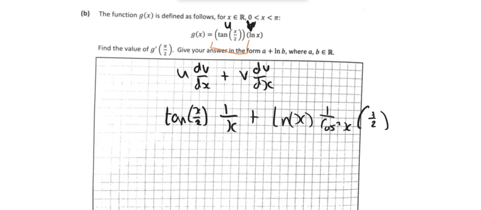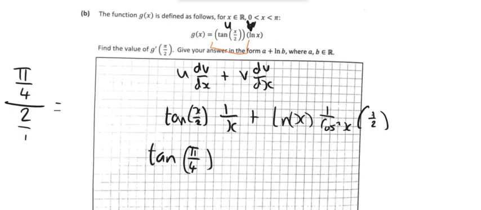If you put pi over 2 in instead of x, it'll be tan of pi over 4. And the reason is because if you put in pi over 4 all over 2, that's the same as over 2 over 1, so you flip, it's dividing fractions. You could do it in the calculator if you're not sure, but it's the same as pi over 4 multiplied by 1 over 2, which is the same as pi over 4.